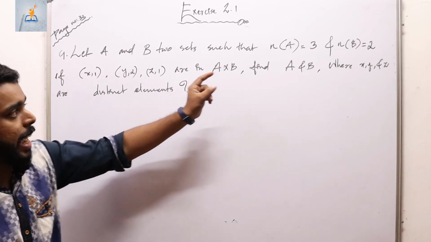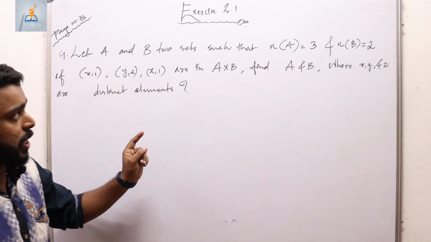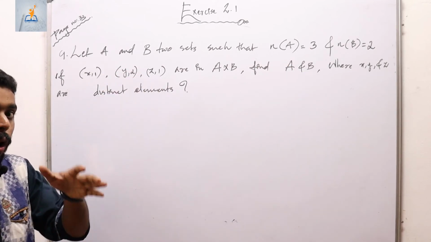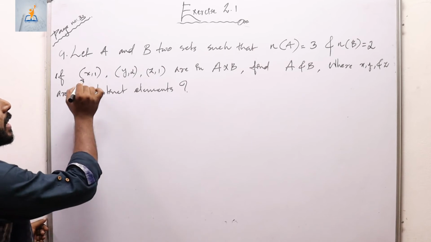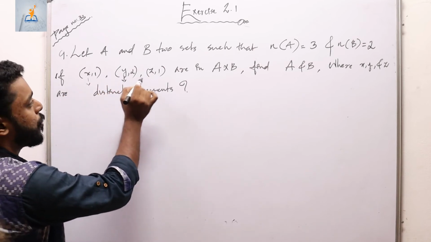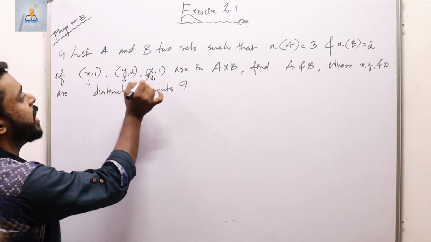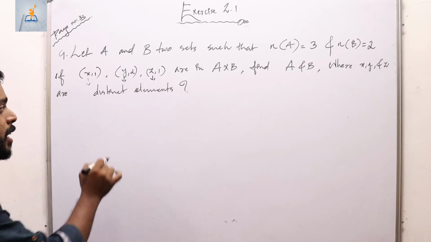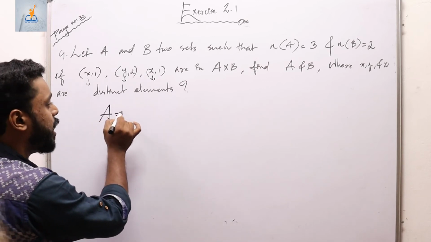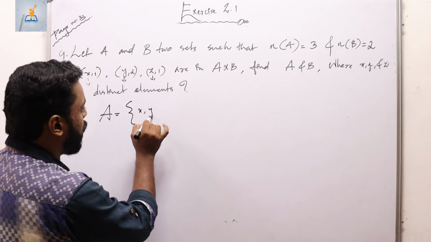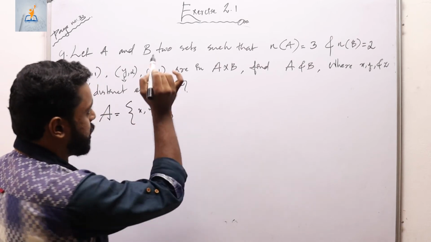We are given n(A) = 3, which means that A contains only 3 elements. The first elements are from A, and x, y, z are 3 distinct elements. Hence we can say that A only contains these 3 elements x, y and z.